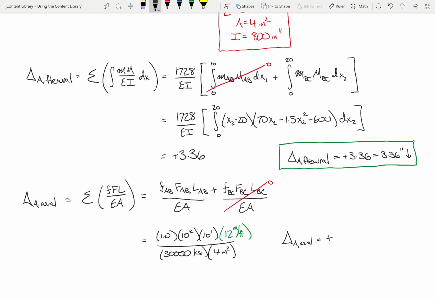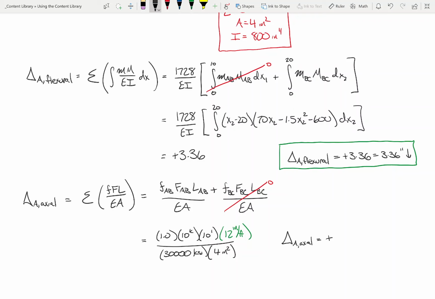What do you get when you chug this out, by the way? 0.16? You sure? Because on the bottom, I've got like 30,000 times 4, so it should be like a 12 something.